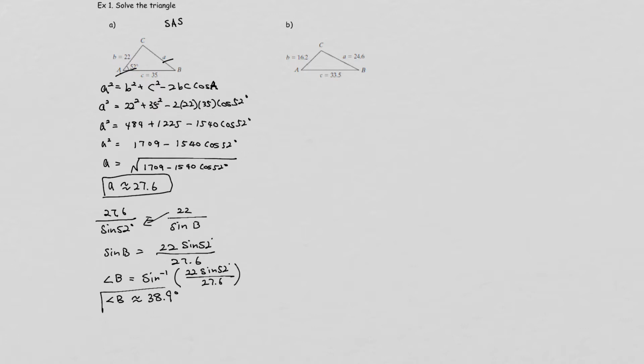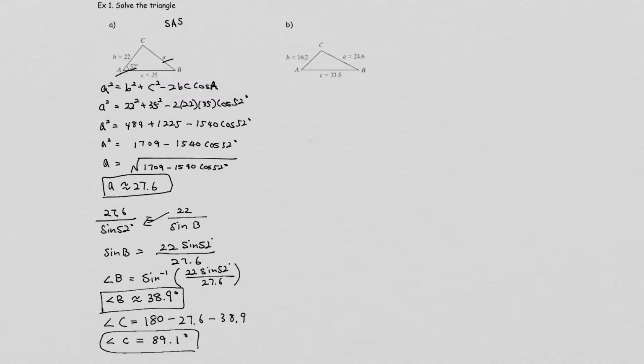Angle A was given, so with angles A and B, angle C is 180 minus those two. So angle C is 89.1 degrees.